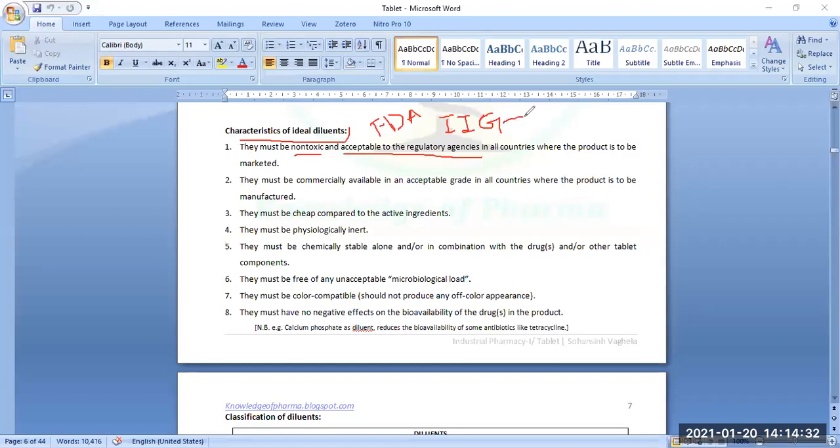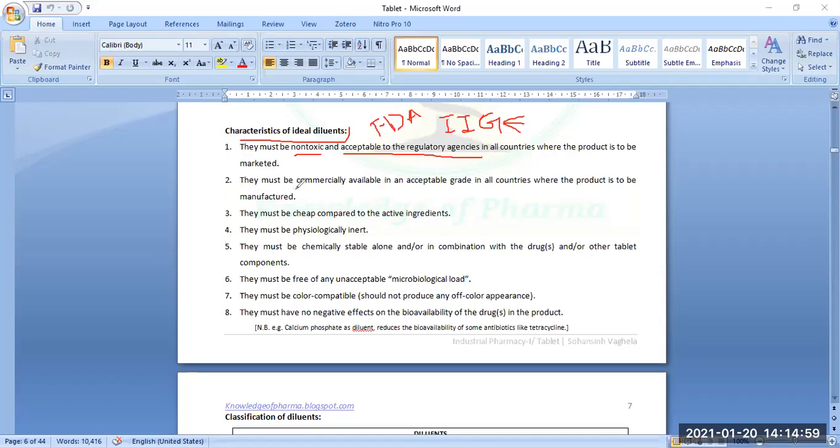In this guideline, they give a limit of every diluent in percentage, means how much amount of this inactive ingredient you have to use in a mouth dissolving tablet or in a patch or in suspension or in emulsion, acceptable limit is given. So your diluent must have a higher acceptable limit, non-toxic in nature.